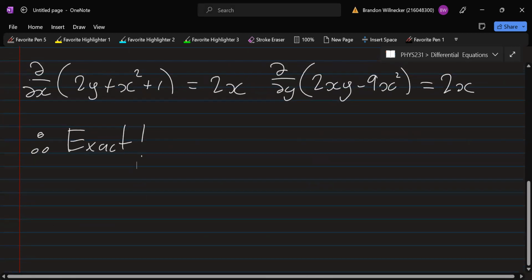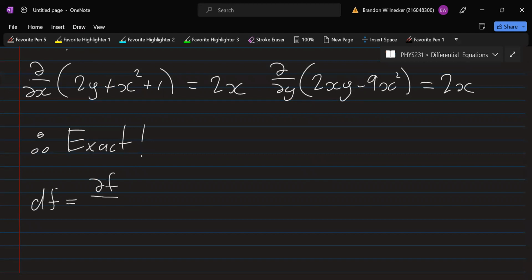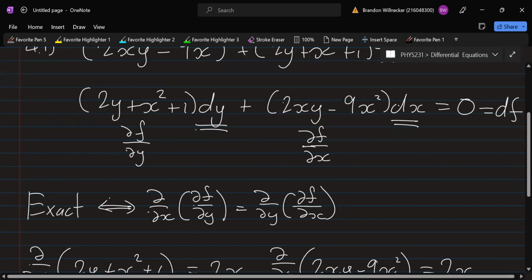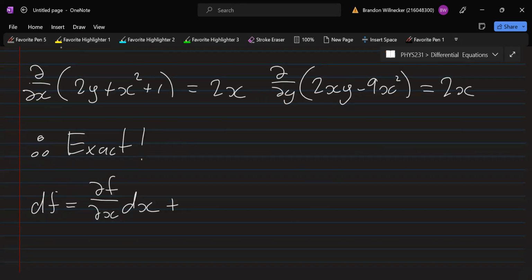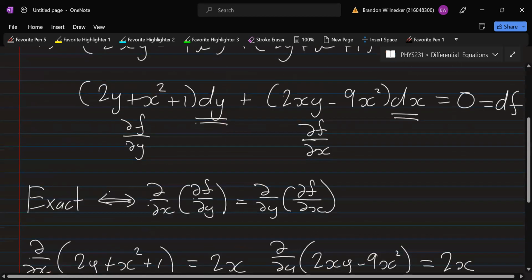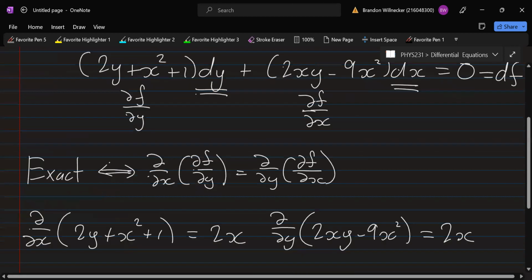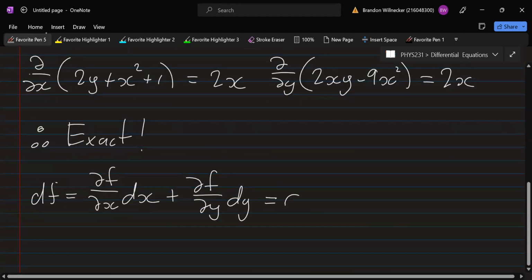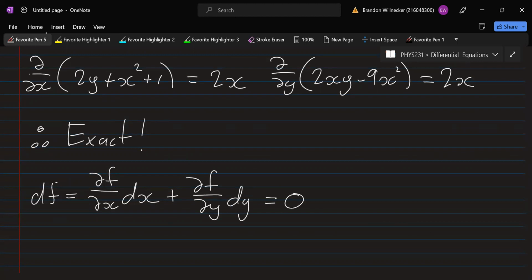Okay, so we know that this gives us something like df is equal to df by dx dx for this x term on the right there, plus df by dy dy for that y term, and this is equal to 0. Since it's equal to 0, we know that this f of xy must be some constant c.